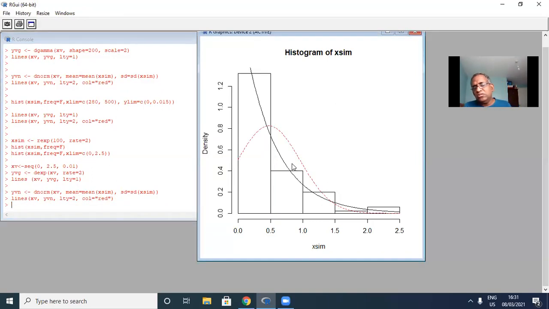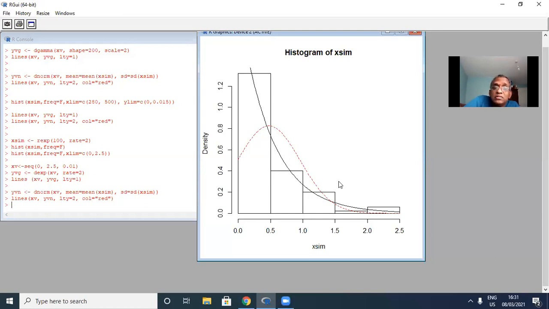This is what you get. You see, now they are not close anymore. As I said before, the density of the normal is not a good approximation to the histogram or the true density of the exponential, as you can see. They are close in some parts, but they're not close in general. They are not close at all.